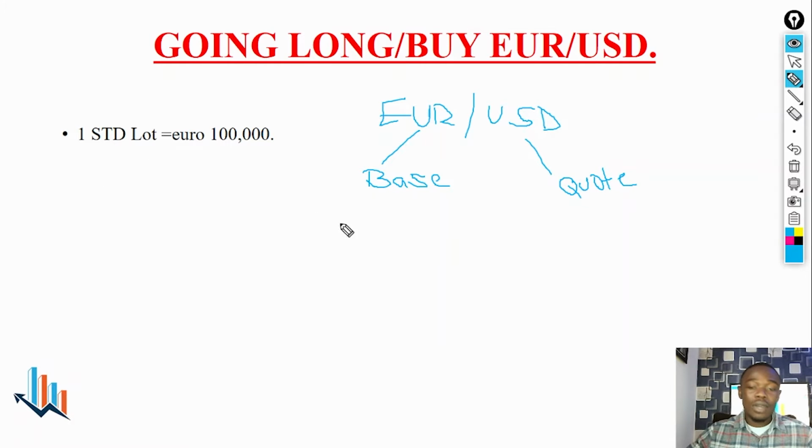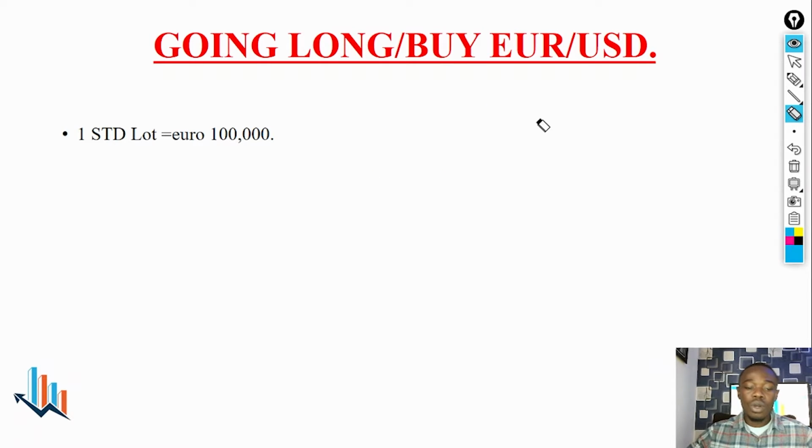With this one standard lot, it means we are buying 100,000 euros using US dollars. So how many US dollars can we use to buy 100,000 euros? This is what we are going to work out, knowing our base and quote currencies.